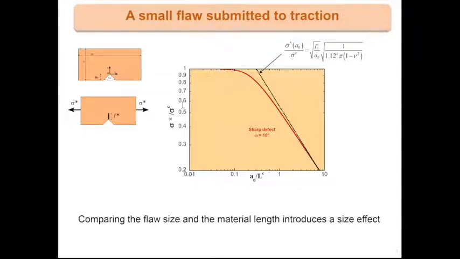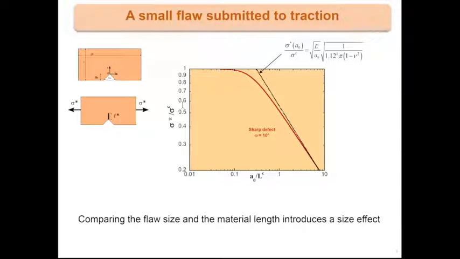If you apply the coupled criterion, you will obtain this curve, which plots the critical load at crack onset divided by the strength of the material, versus the ratio of the initial size of the flaw divided by the material length. And you obtain this kind of curve, which clearly shows the size effect behavior.